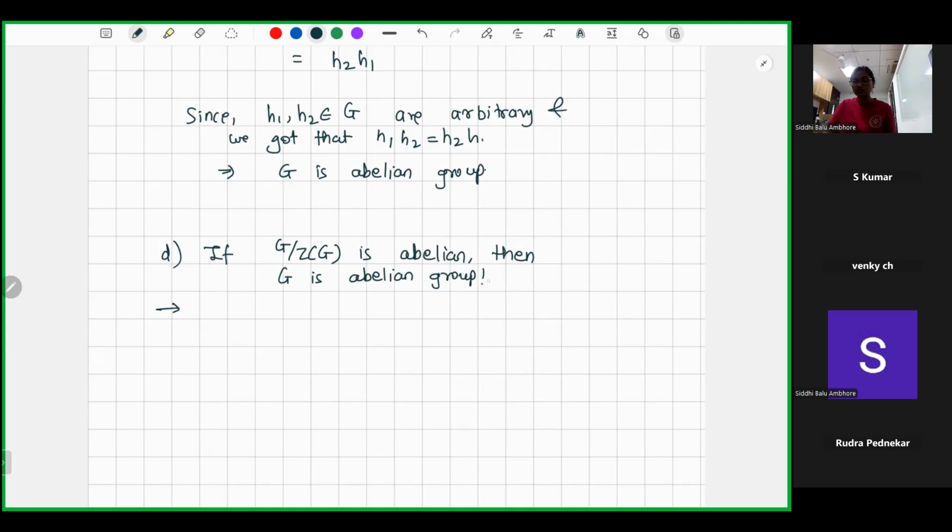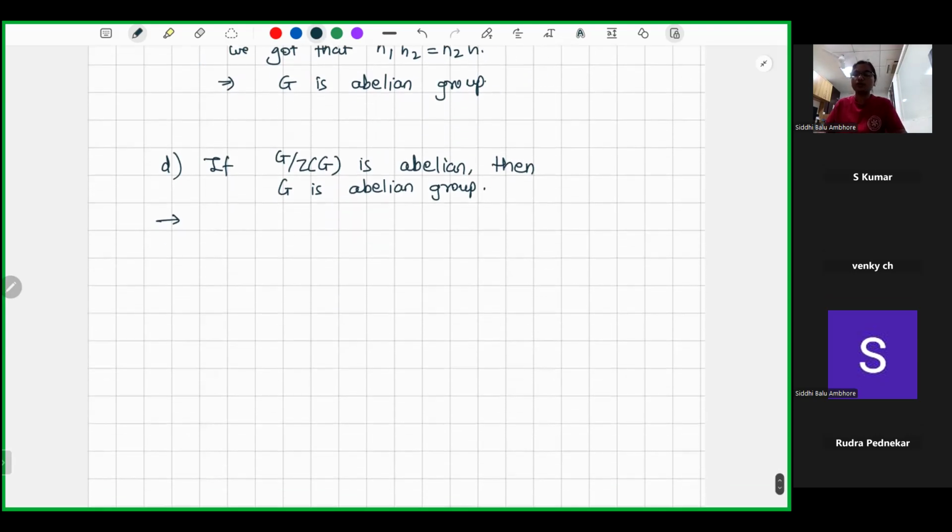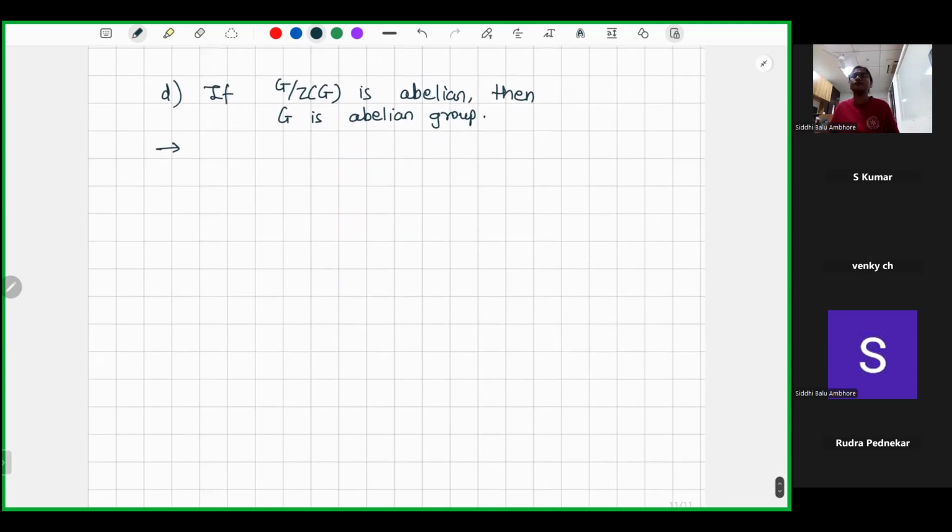Is this true? Is this false, or any counterexample? Yeah, any counterexample or proof? We are okay with anything as long as we can prove it or give a counterexample.